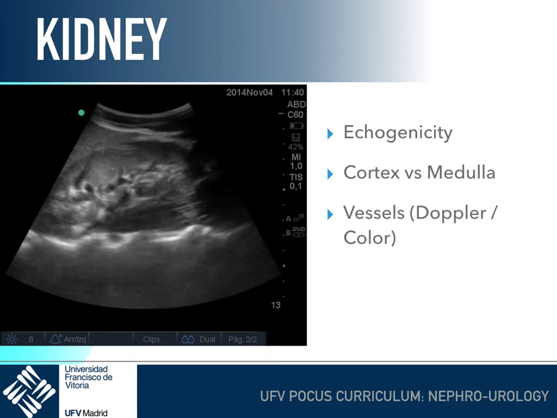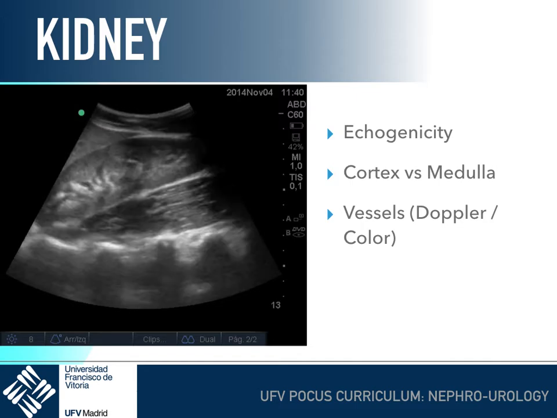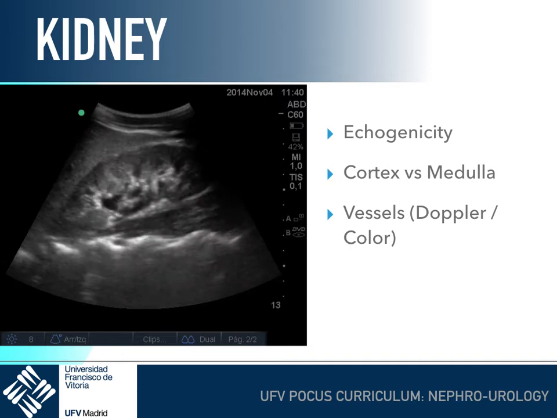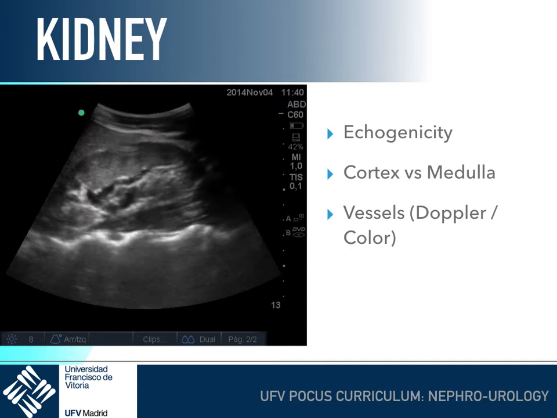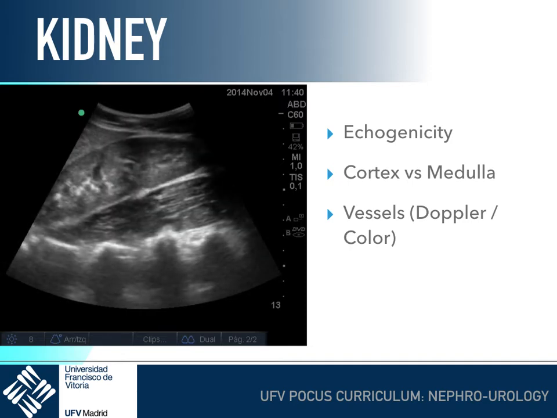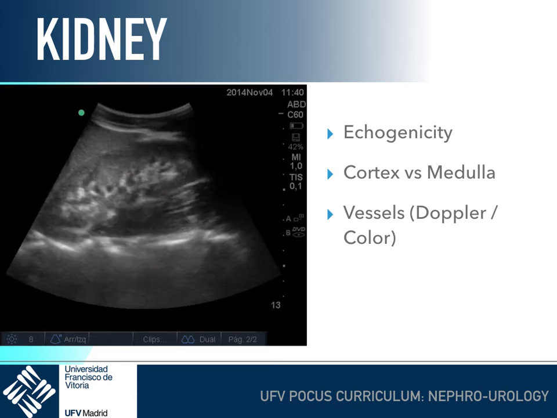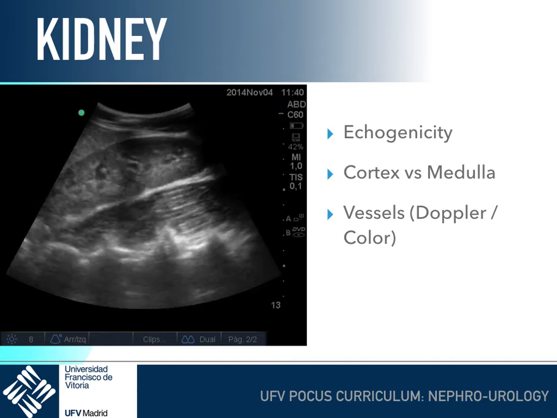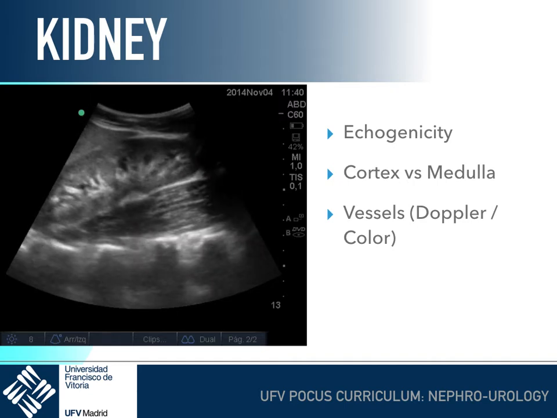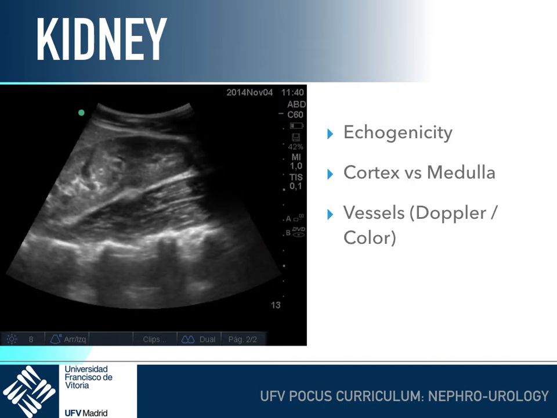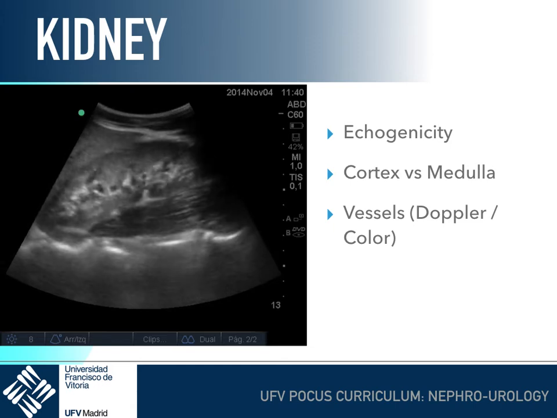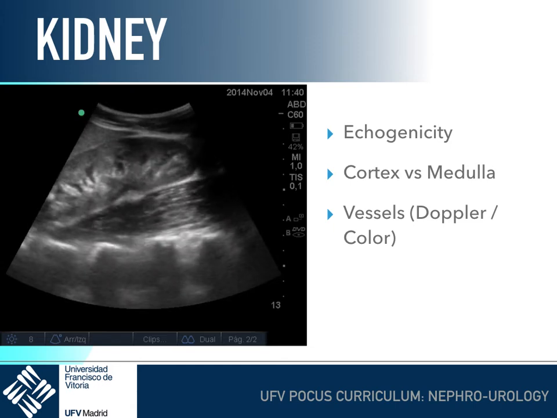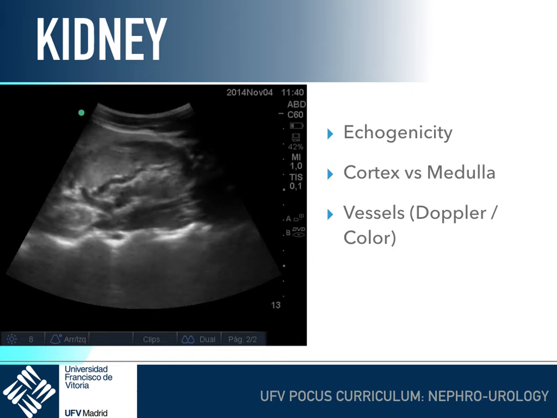The cortical one, the outer layer of the kidney, is the cortex, and the inner part, which is more hyperechoic, is the medulla. Of course, this distinction between cortex and medulla is mainly ultrasound based, but as we can see here in this clip, it is totally true.